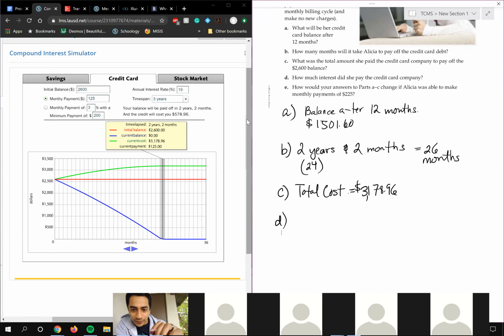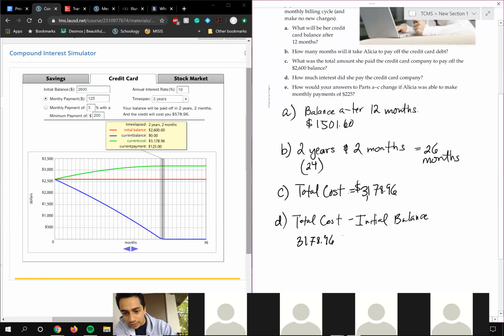So to find that interest paid, we just take the total cost and subtract the initial balance. So we take $3,178.96 and subtract the $2,600 from that.